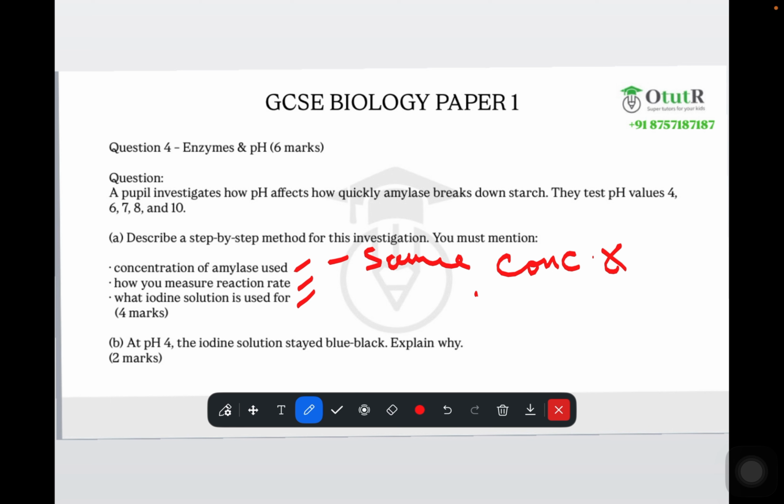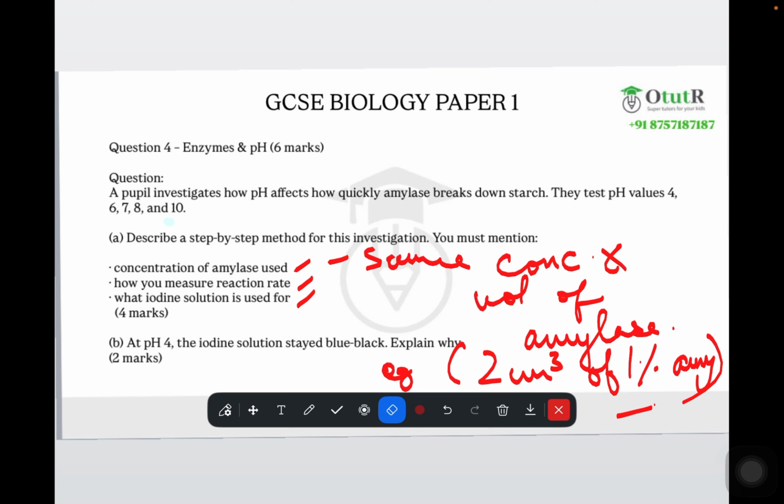Example can be 2 cubic centimeters of 1% amylase. Now we'll add the same volume of starch solution. The buffer solutions are used to maintain different pH values like 4, 6, 7, 8, and 10, precisely as given over here.